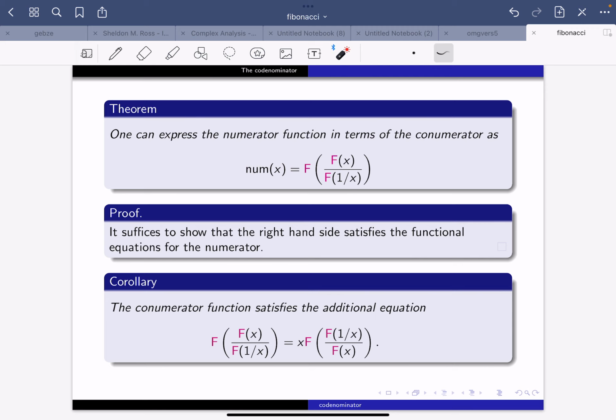And from this, we get that the codenominator function satisfies an additional functional equation. Because if I put 1 over x here, then this is going to be 1 over x, and here we are going to have x. And so x equals this expression divided by this expression, but with x replaced by 1 over x.